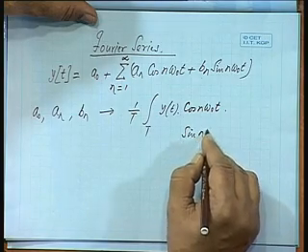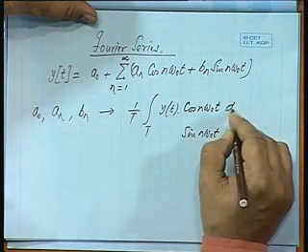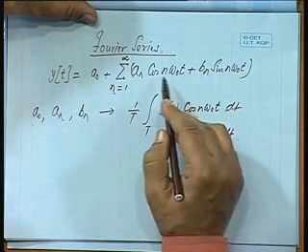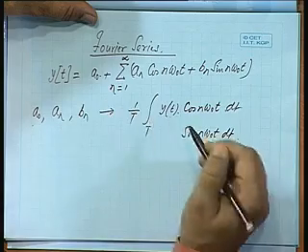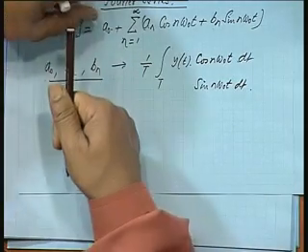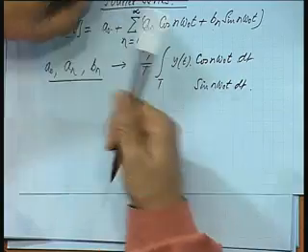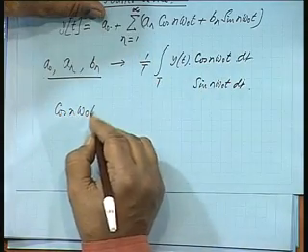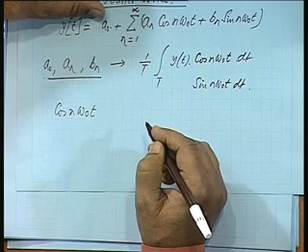If I want to evaluate an, it is to be multiplied by cos(n omega naught t). If it is bn, it is multiplied by sin(n omega naught t) and then integrated over this period. If it is a0, it is multiplied by just a constant, so you just integrate this, and that gives me the coefficients a0, an and bn. We have used the properties of orthogonal functions.